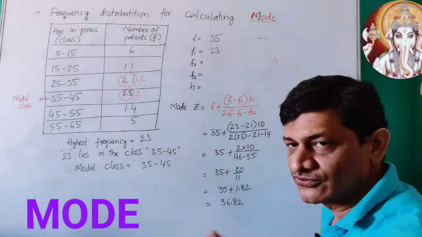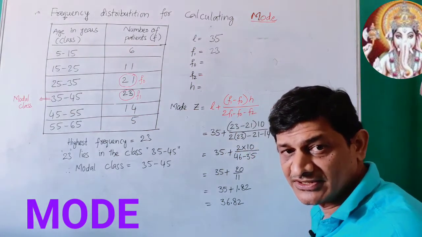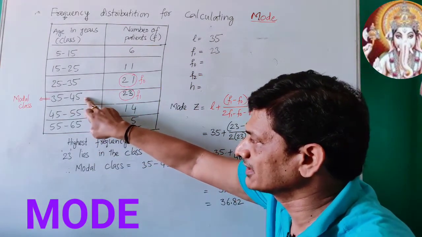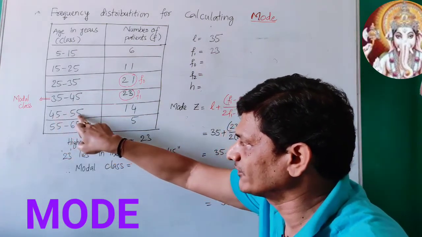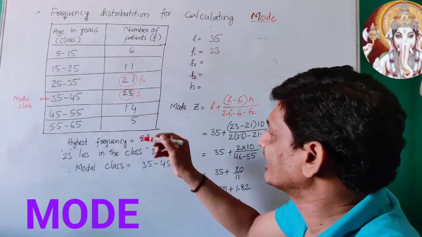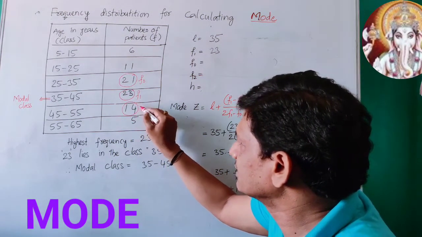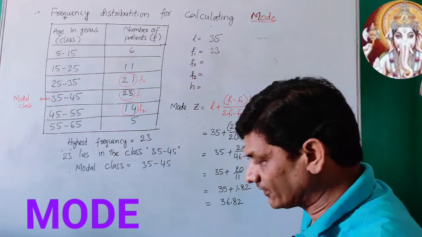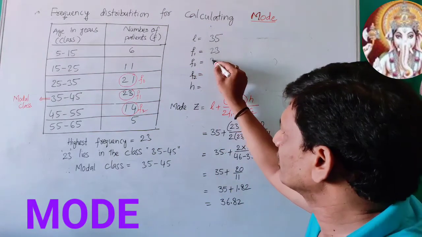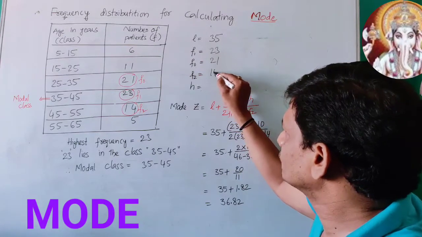Next, F2. F2 is the frequency of the class succeeding the modal class. Its succeeding class is 45 to 55 and its frequency is 14. So you have to take 14 as F2. After writing all these values, F1 is 23, F0 is 21, F2 is 14.